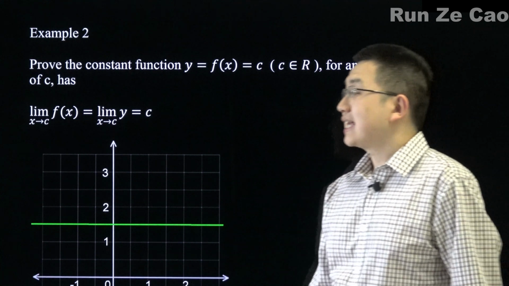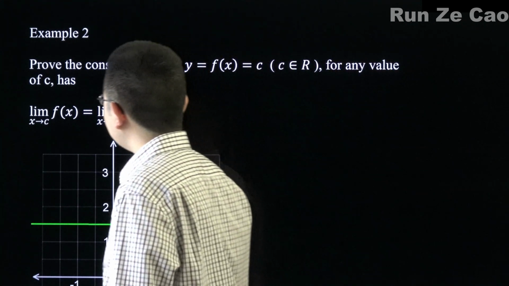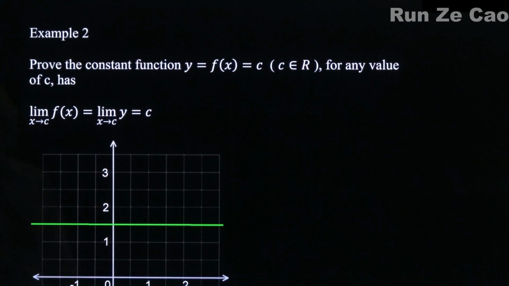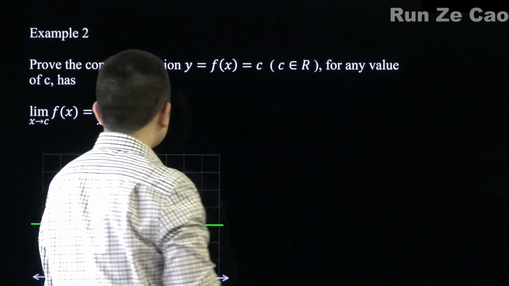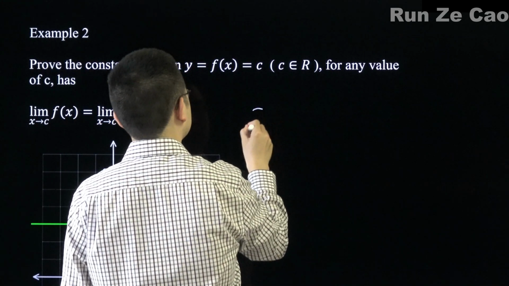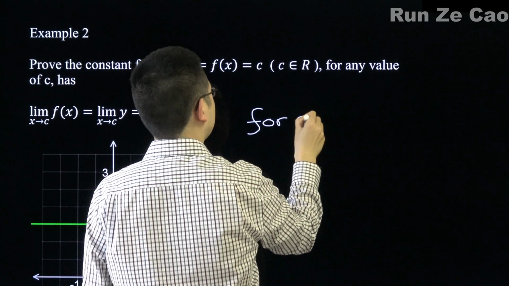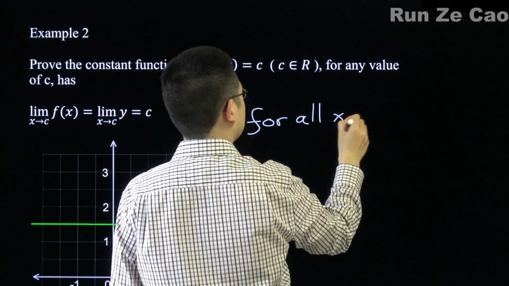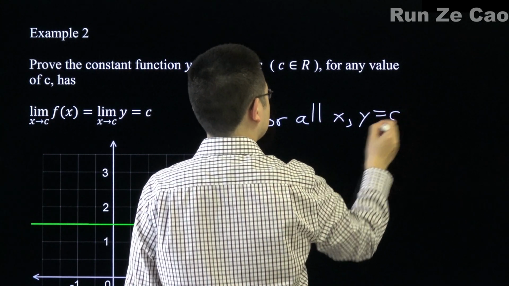Okay, say we have to prove that this is a case. Well, we could just say that for all x, y equals c.